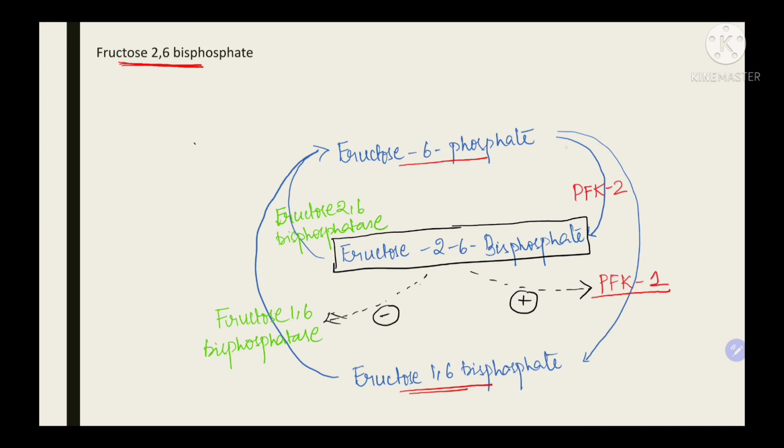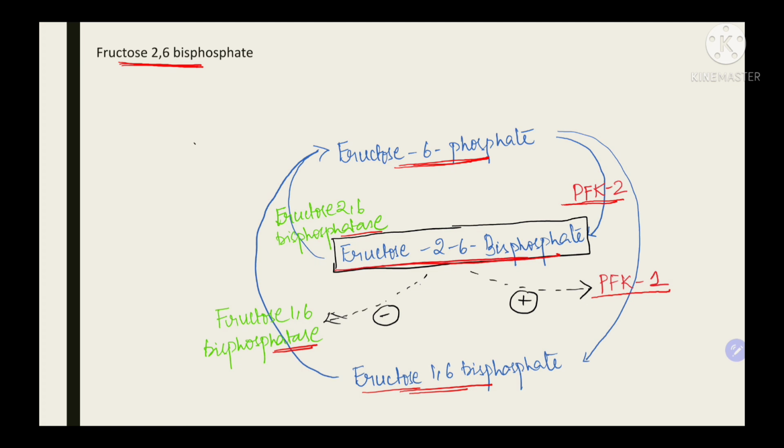The same fructose 6-phosphate, if the reaction is catalyzed by phosphofructokinase 2, results in the formation of fructose 2,6-bisphosphate. Now fructose 1,6-bisphosphate, if acted upon by fructose 1,6-bisphosphatase, results in the formation of fructose 6-phosphate. And fructose 2,6-bisphosphate, if acted upon by fructose 2,6-bisphosphatase, also results in the formation of fructose 6-phosphate.